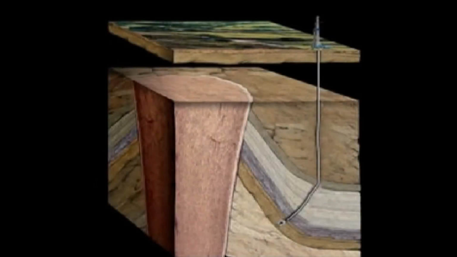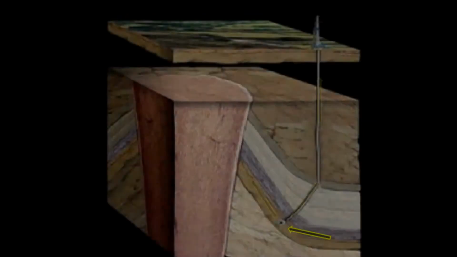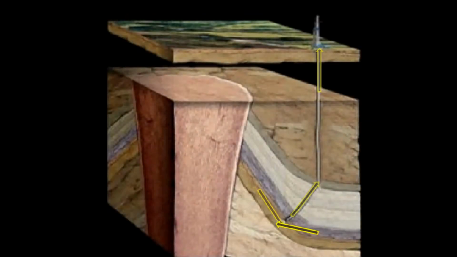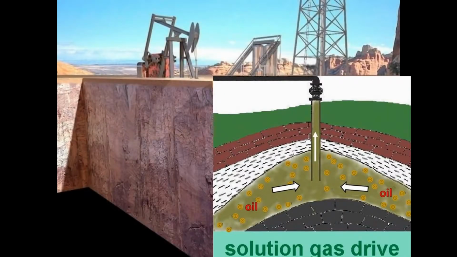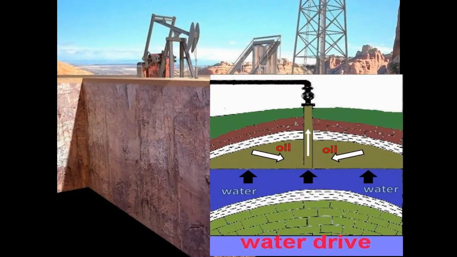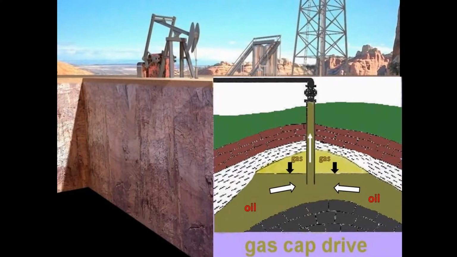As you can see, natural energy sources for primary recovery in oil reservoirs use the natural forces found within the reservoir. The volatility of gas in solution gas, the fluid properties of water to flow into an empty space in a water drive, and the fluid properties of gas to expand in a gas cap drive are examples.